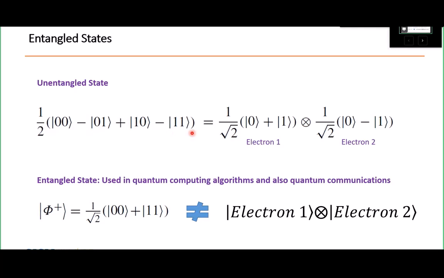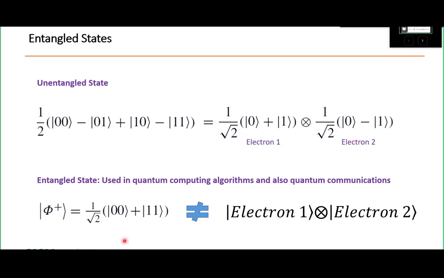Now, with this state, it's possible to do a tensor product, which we will not discuss in this talk, but basically, it's just like a factorization. It becomes a description of electron 1 and electron 2 separately. So this is nothing interesting because we can do it classically also.